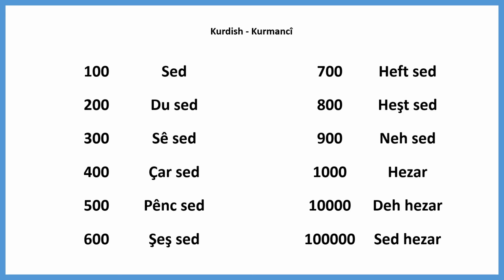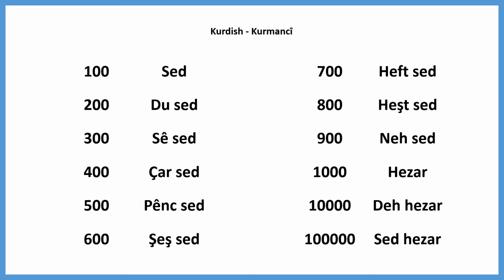The multiples of 100, starting with 100 and ending with 1000, are sed, du sed, se sed, çar sed, penc sed, şeş sed, heft sed, heşt sed, neh sed, hezar.